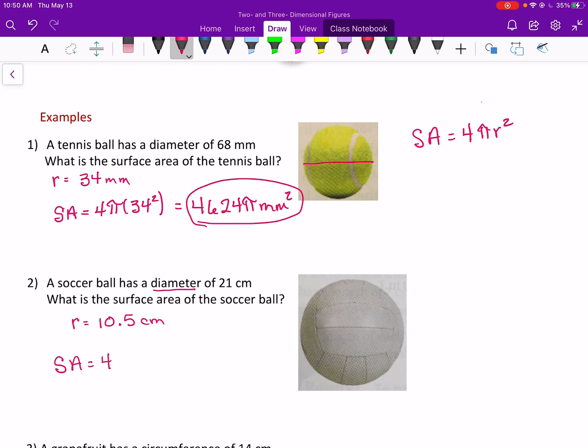Well, it's 4 pi radius squared. 10.5 squared times 4. Make sure you square it before you take it times 4. That's 441 pi centimeters squared. And again, if you want a decimal, just take the 441 times pi.